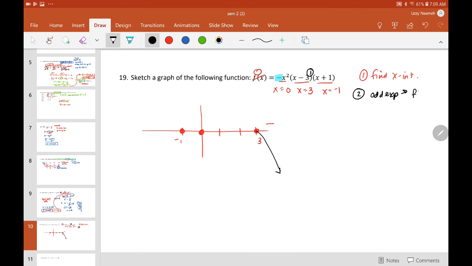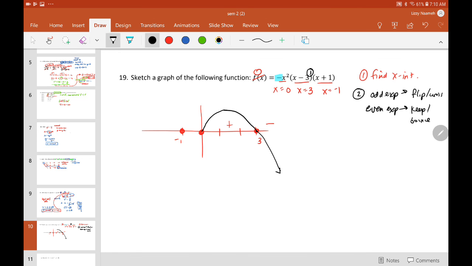And with odd exponents, you're going to flip your sign or cross the axis, whereas even exponents means you're going to keep the sign or bounce on the axis. Well, right now I have at x equals 3 an odd power, meaning that my sign is going to flip in that my graph should cross into positive.